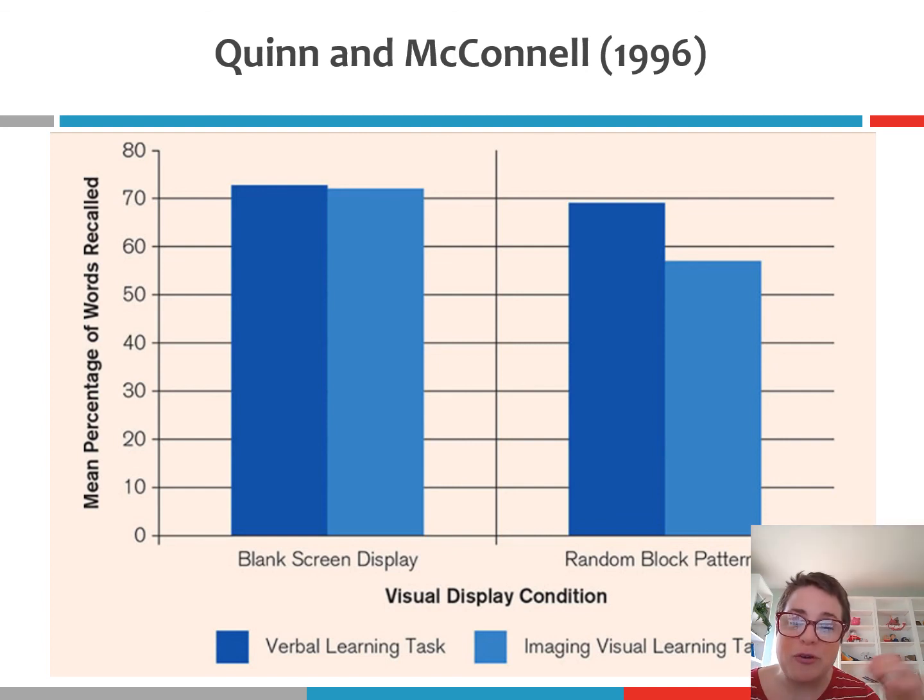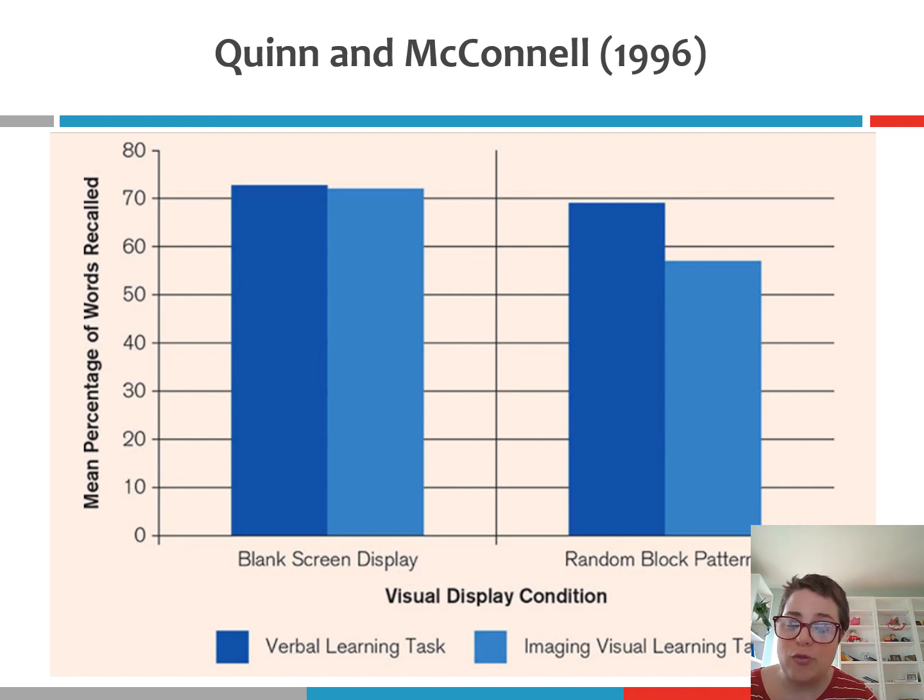So if your Visuospatial Sketchpad is already busy processing those random block patterns, then it's not going to have as much room or as much processing power left over to generate those mental images or to hold on to that information. So your subsequent memory for those items is going to suffer.